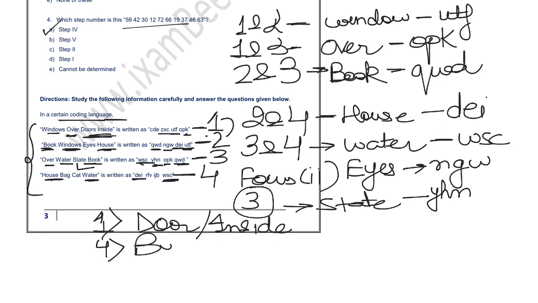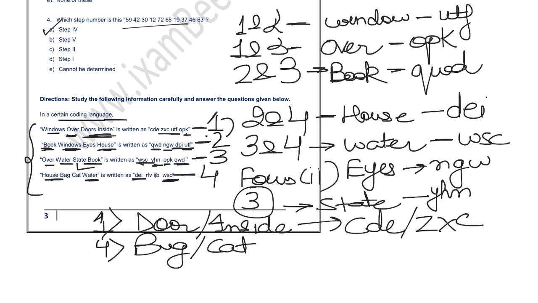So there is no word common between first and fourth statement, and two codes representing door and inside are also left. So we are not sure what is the code for door or what is the code for inside. So the code of door and inside may be CDE and ZXC, because these are the only two codes which are left in statement number 1.